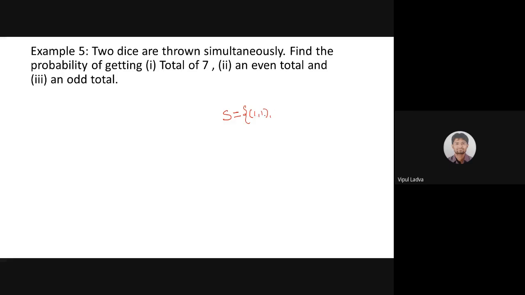Suppose in both dice I'm having 1, 1. In the first I'm having 1, second 2, then 1 comma 3, then 1 comma 4, like 1 6, then 1 7, 1 8, 1 9, 1 10, and so on.